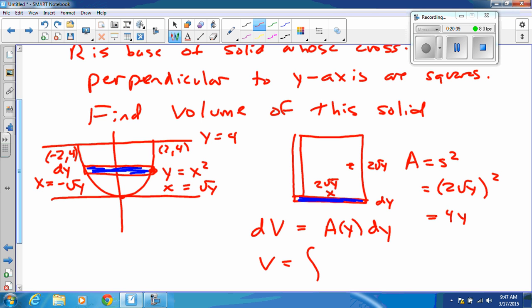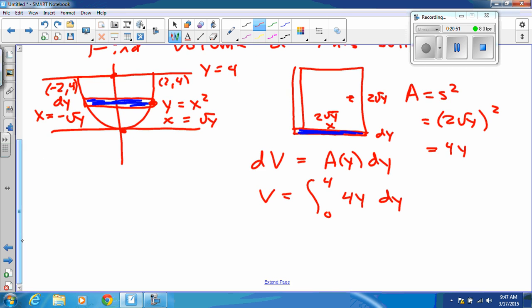And the volume is going to be the integral from the first y up to the last y, from 0 to 4, of area times thickness, just like so. And that's an easy integration.